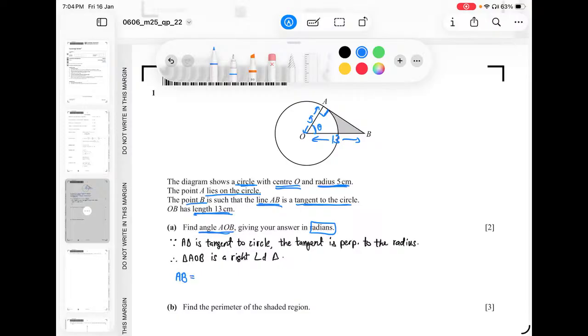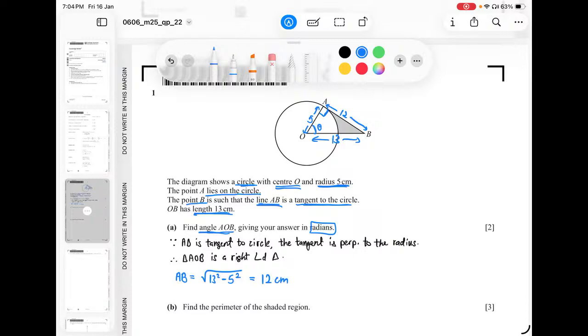So AB is going to be the root of 13 squared, the hypotenuse, minus 5 squared. I got this from a squared plus b squared, the Pythagoras theorem, and we wrote it like this. So this should give you 12 centimeters. Now you know that AB is 12 centimeters, OA is 5, and OB is 13.